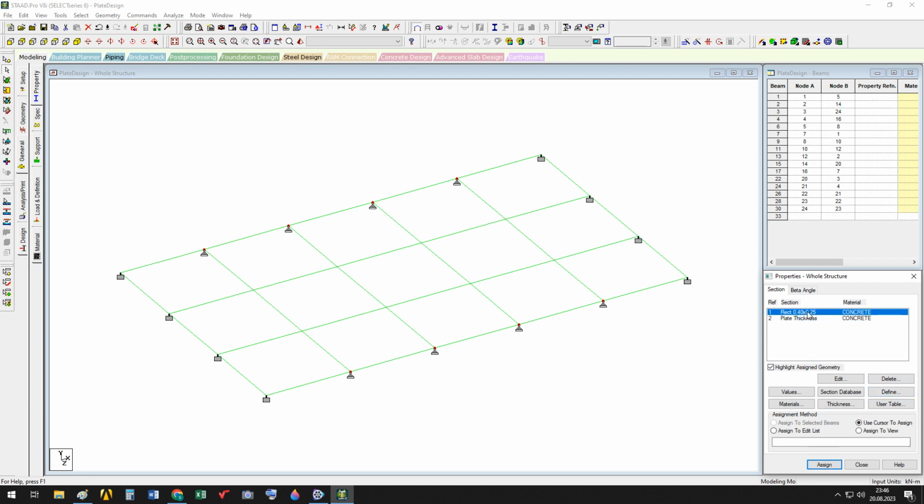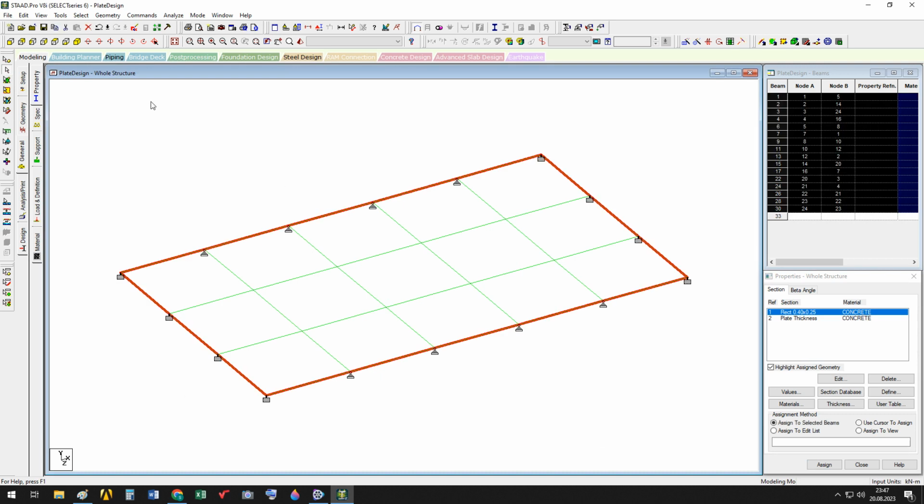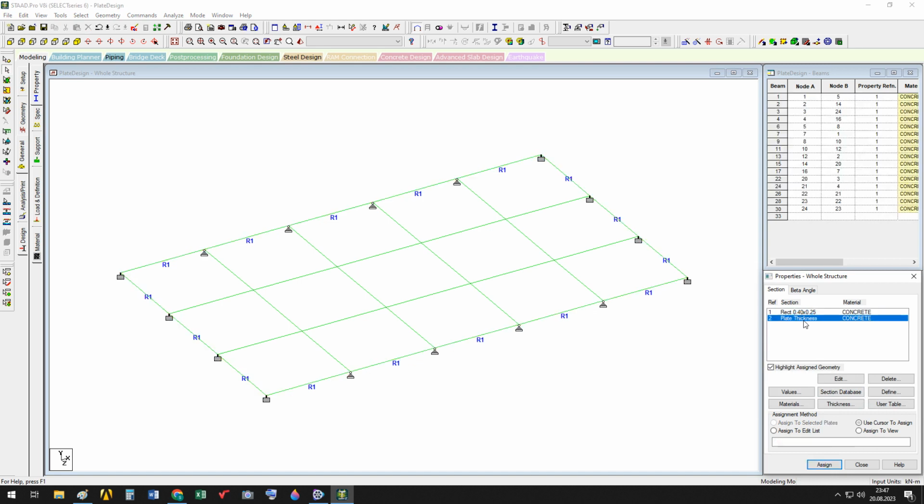Now assign this section together with its material to the beam elements. Okay. Now assign plate thickness and its material to the plate elements.